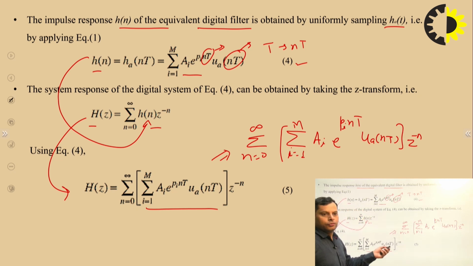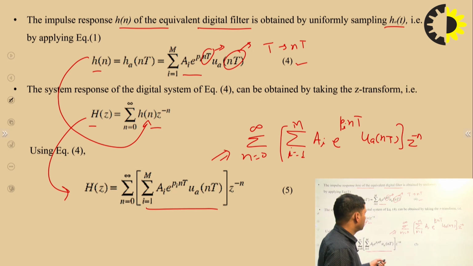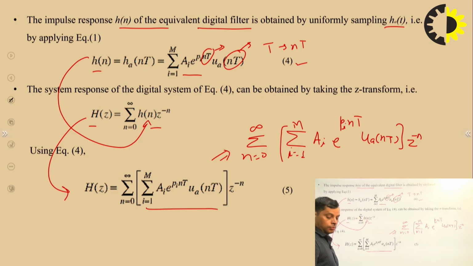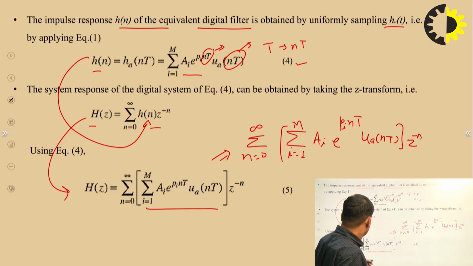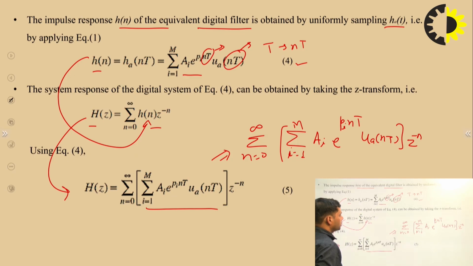So the transformation can be visualized very clearly. Now we will check the analysis of how this function h n can be evaluated or converted into the digital domain.